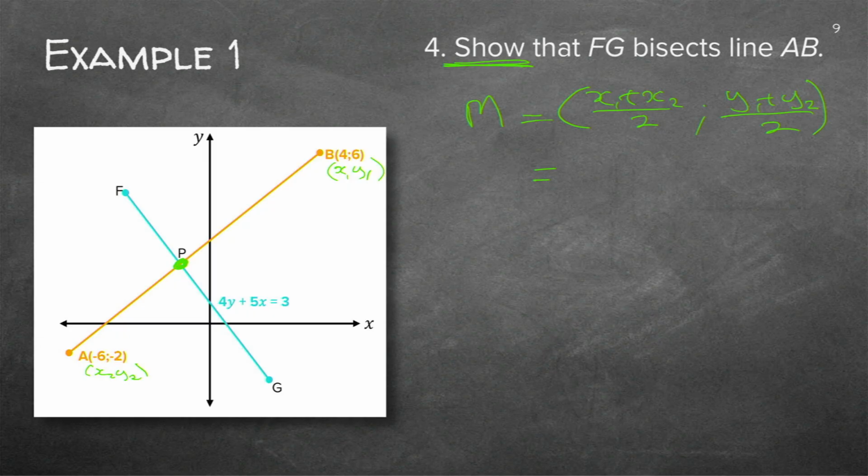So if I add them, it will be 4 minus 6 over 2. The other one will be 6 minus 2 over 2. And that gives me minus 2 over 2. And that gives me 4 over 2, which in the end gives me minus 1 and 2. P was also minus 1 and 2.